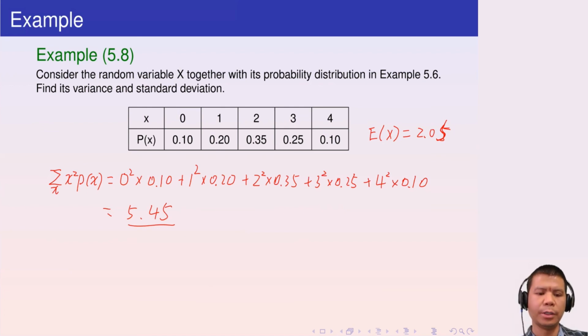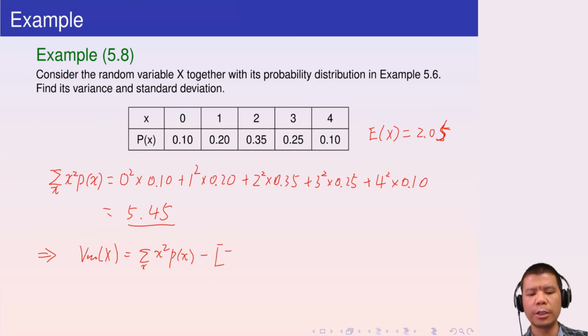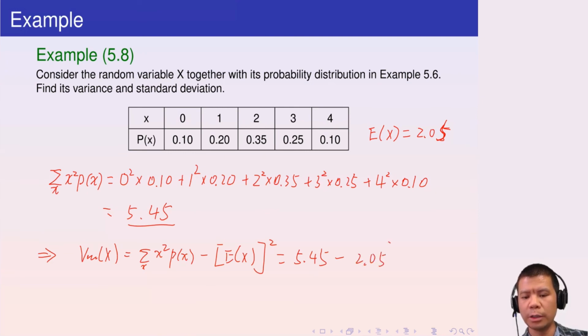This implies the variance of x equals the summation x squared p of x minus the square of the expectation, which equals 5.45 minus 2.05 squared. What is this? 1.2475. Is that right? I forgot.